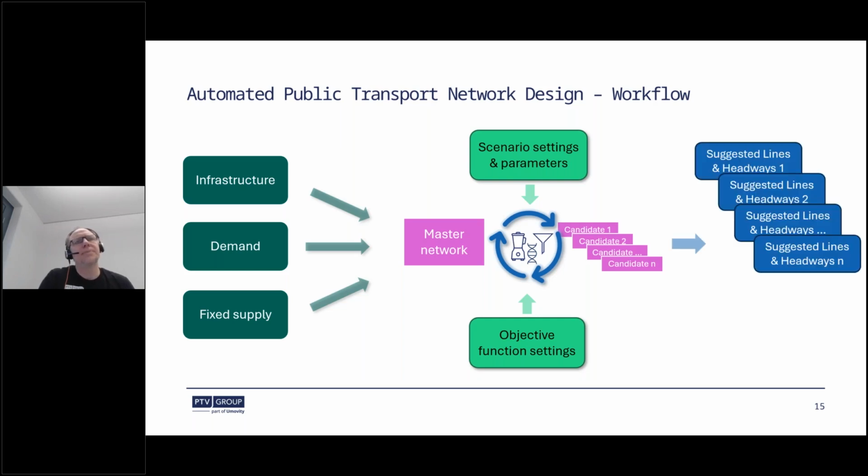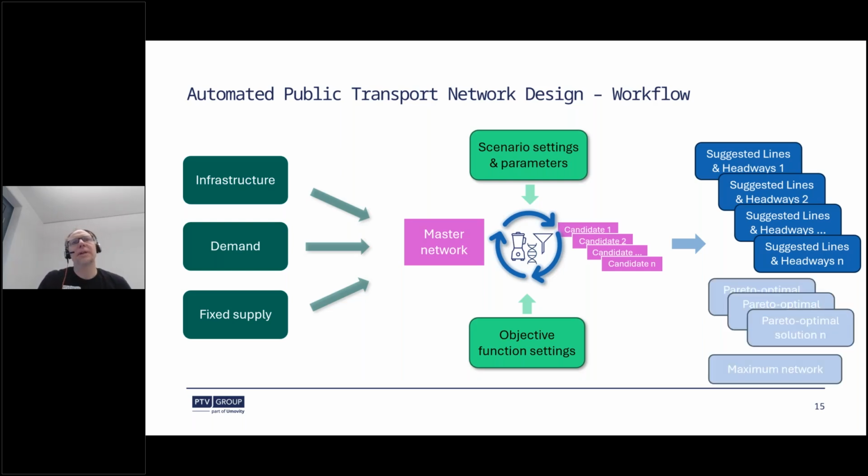And at the end, it will not only generate the one best network which suits it all, but because we know that many networks can be similar and you are the experts to select the best solutions, it suggests a set of possible solutions consisting each of a number of lines and the suggested headways for the lines.